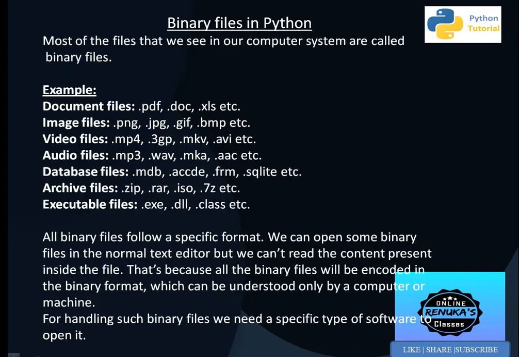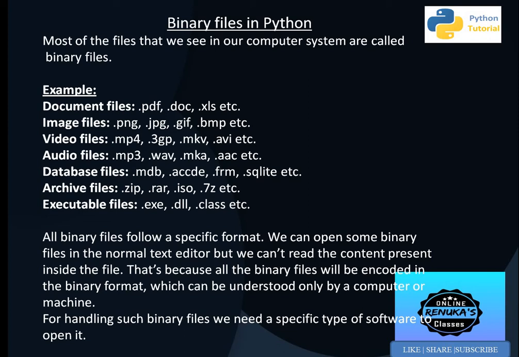So first we will discuss what binary files are. Binary files are of a specific format. They store data in a specific format. Actually, when we store data in text files, that data is first converted to binary format and then it is understandable by the machine. But in binary files, the data is stored in a special format which is directly understandable by the machine.